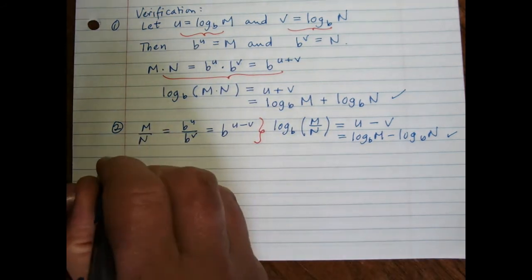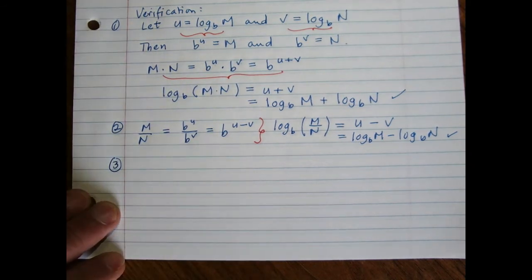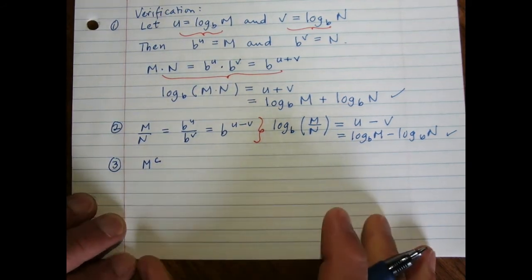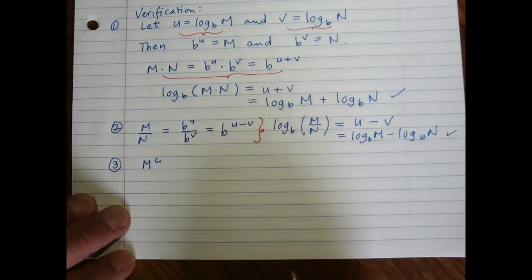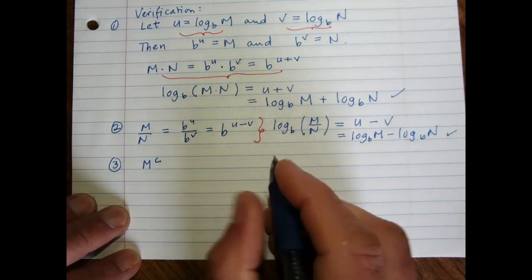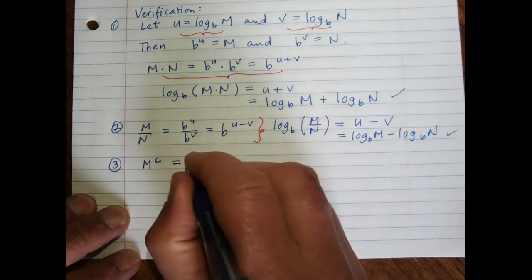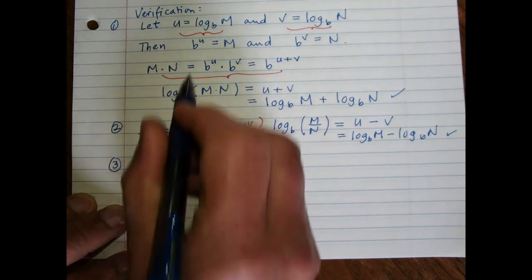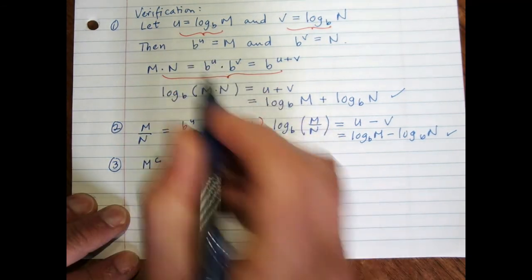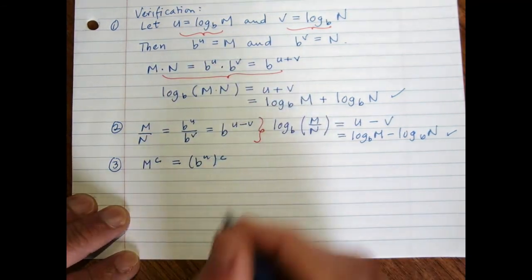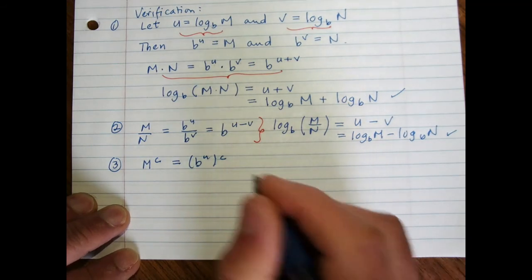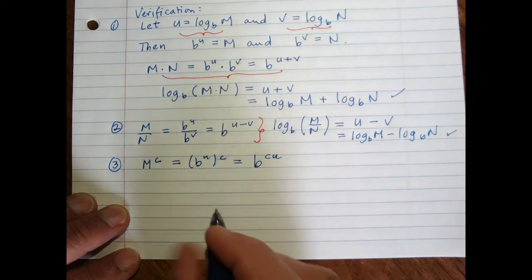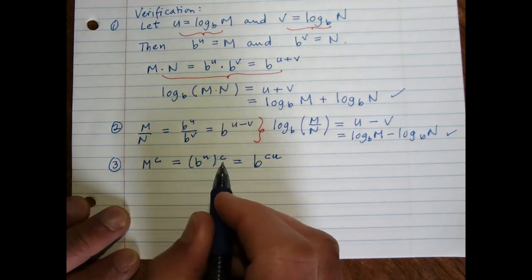Now let's just verify number 3. If we look at m to the c power, m to the c power is b to the u to the c. Remember, b to the u is equal to m. And so this is b to the c times u, where I'm multiplying exponents.